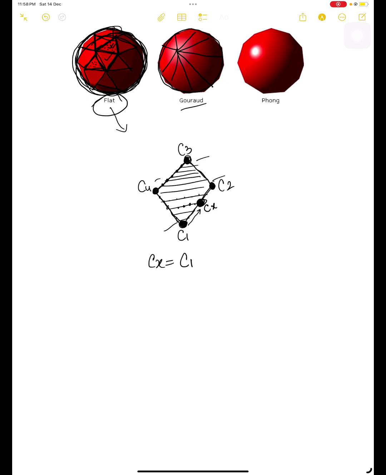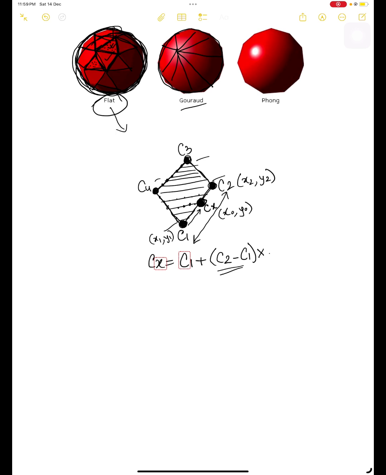First, it will be C1 color plus the color range of this height, which is C2 minus C1. And from this range, we will take the proportion of it, as in use the coordinates here. If this point is C1, we can name its coordinates as X1 and Y1. We can name the coordinates of our main point CX as C0, X0, and Y0. And of this point C2, the coordinates can be X2, Y2.